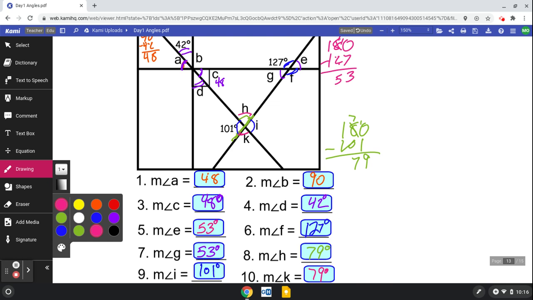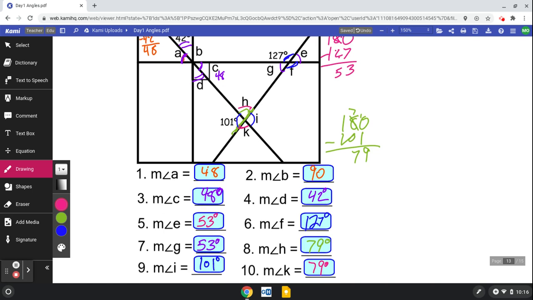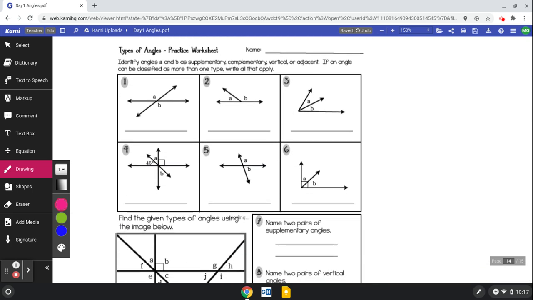So some of these, you only have to do a little bit of work, and it already helps you find the measurement of the angle across from it. Okay? So if you need to, pause that, get it caught up in your notes. And then this is where your homework comes into play. You need to identify if they are supplementary, complementary, vertical, or adjacent.